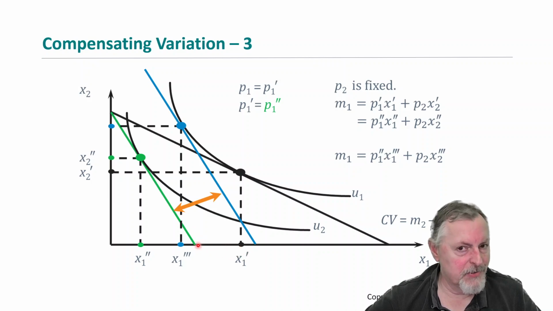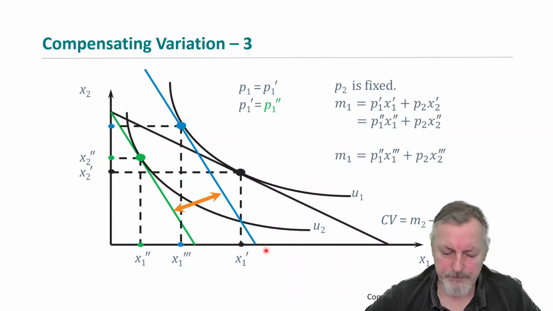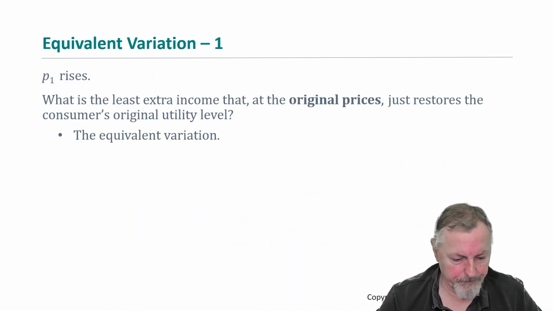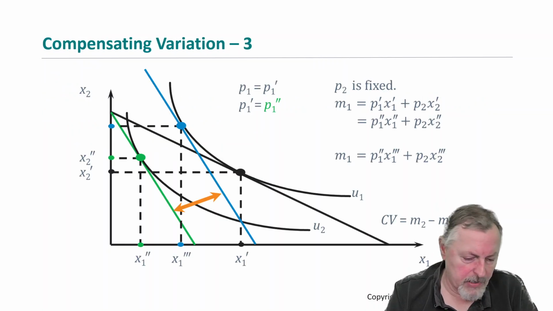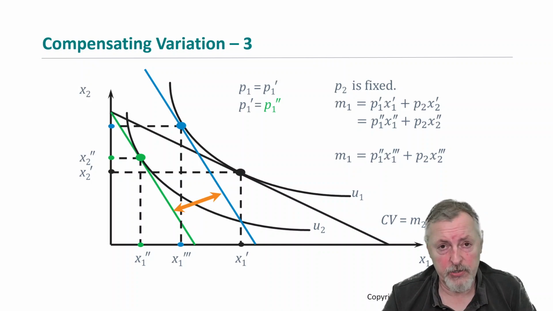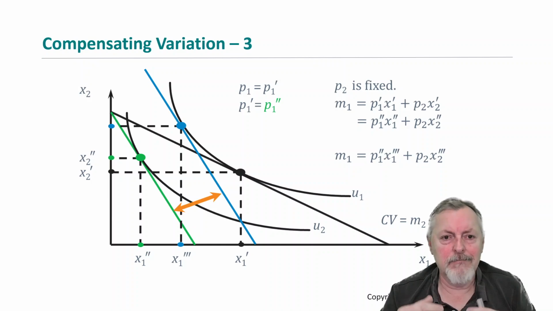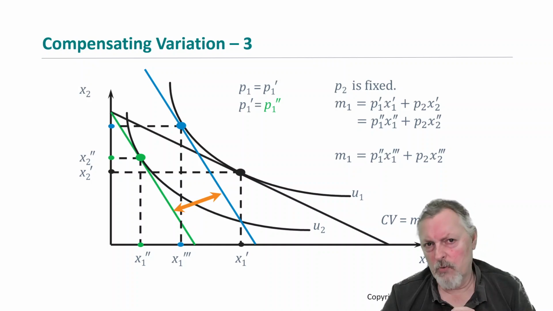Divide it by this new price, and you have a dollar change. Okay, that's compensating variation. How much money would I have to give you after a price change so that living with the new prices, you would be as good as you were before?